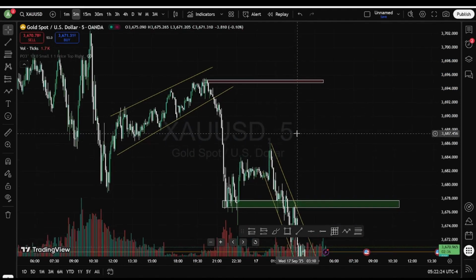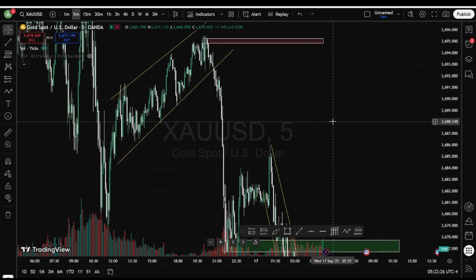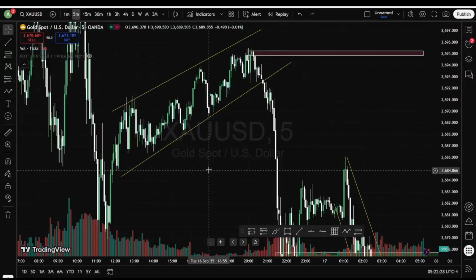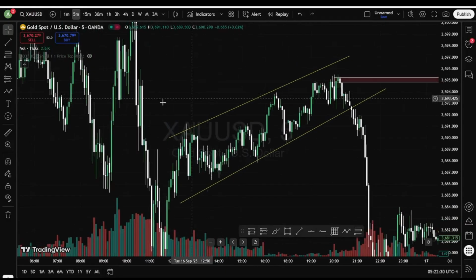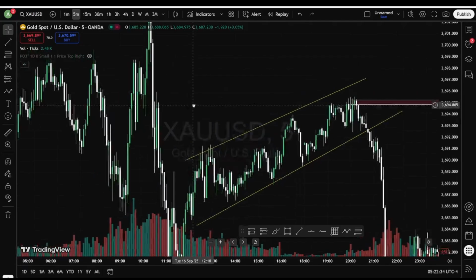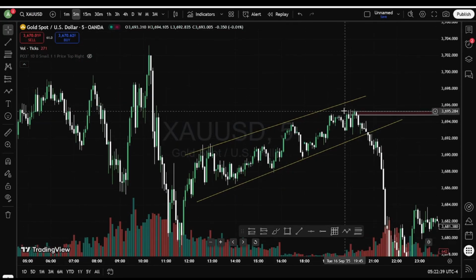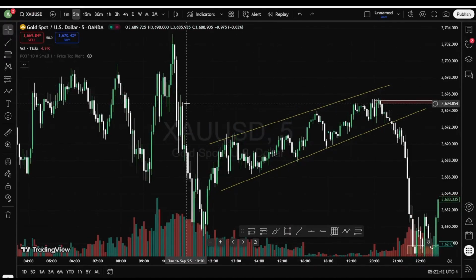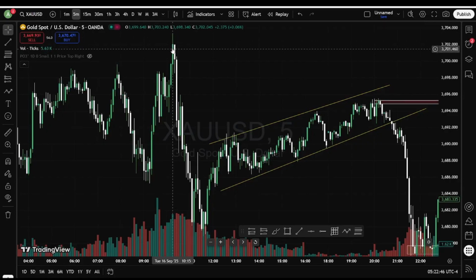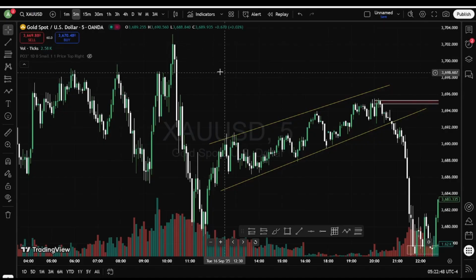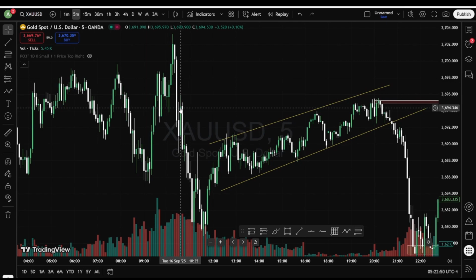See guys, here again there are buyers. We can see why the price rejected from this level: these buyers who opened buy trades above the 700 level again placed buy stop orders here.